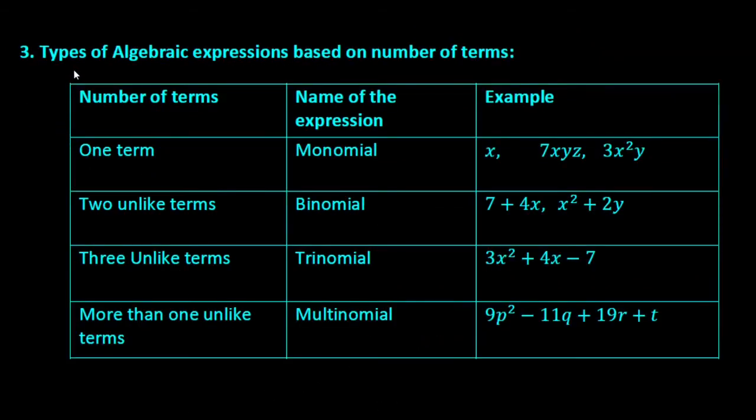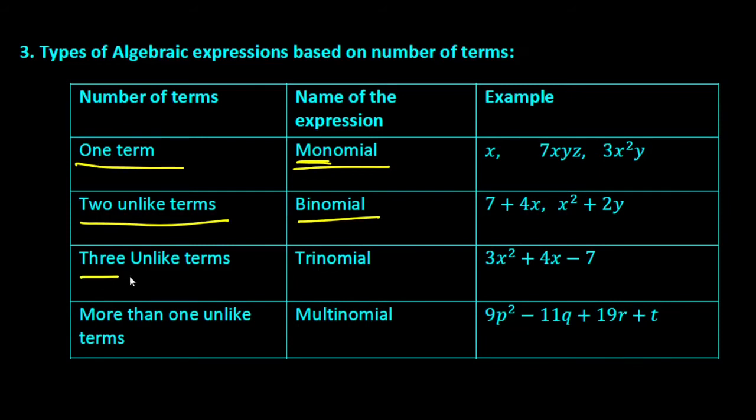Now, types of algebraic expressions based on number of terms. If there is only one term in an algebraic expression, it is called a monomial. Mono means one. If there are two unlike terms, then that algebraic expression is called a binomial.